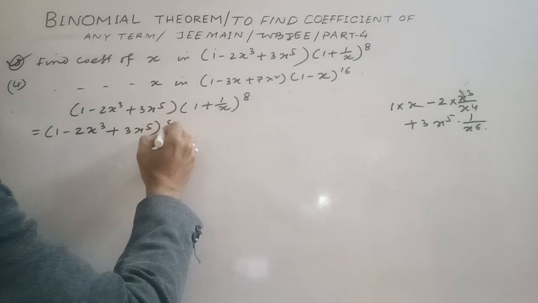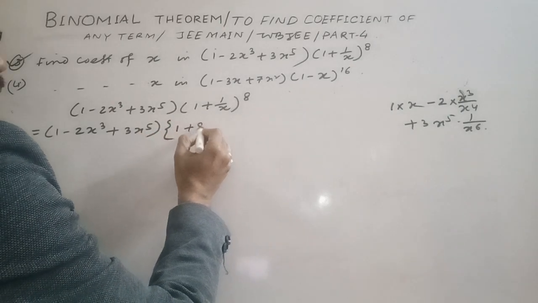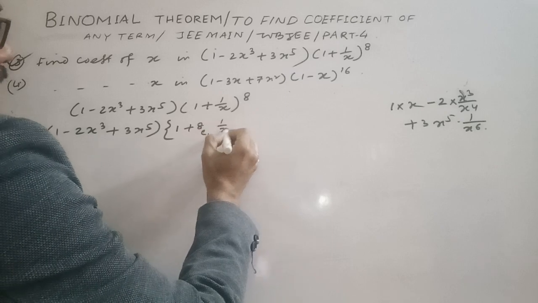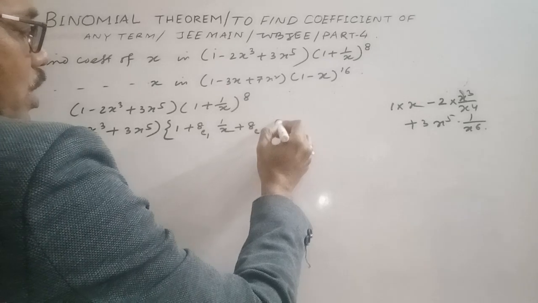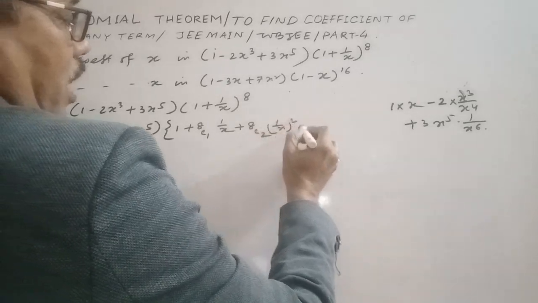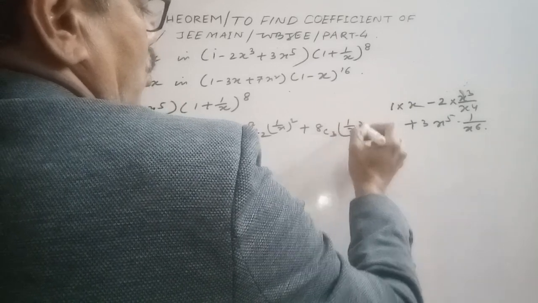So, expand it. We get 1, then 8c1 into 1 by x, because first term is 1. 8c2 into 1 by x whole square. 8c3 1 by x whole cube.